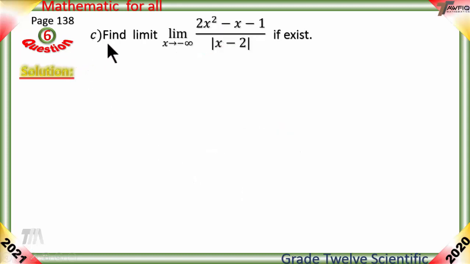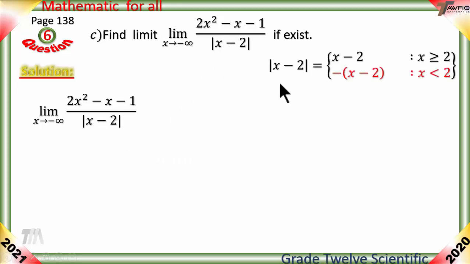Question number 6, C. Find the limit as x approaches negative infinity of 2x squared minus x minus 1 over x, absolute value of x minus 2. First of all, we must define the absolute value of x minus 2.